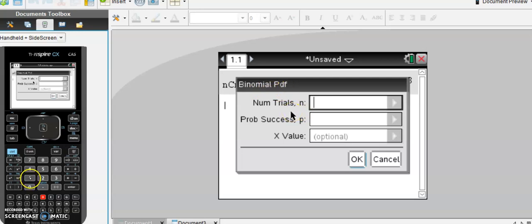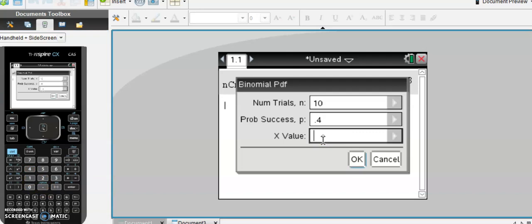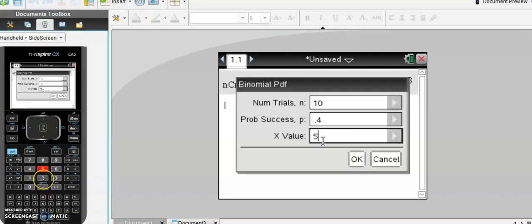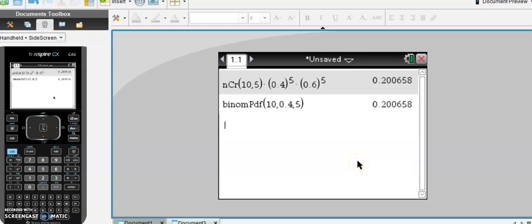Number of trials. I'm just going to punch in there how many trials we've got. The probability of success is 0.4, and I want 5 successes. I hit OK, and I get 0.200658, done in one hit. So the calculator just reads off exactly the same calculation.